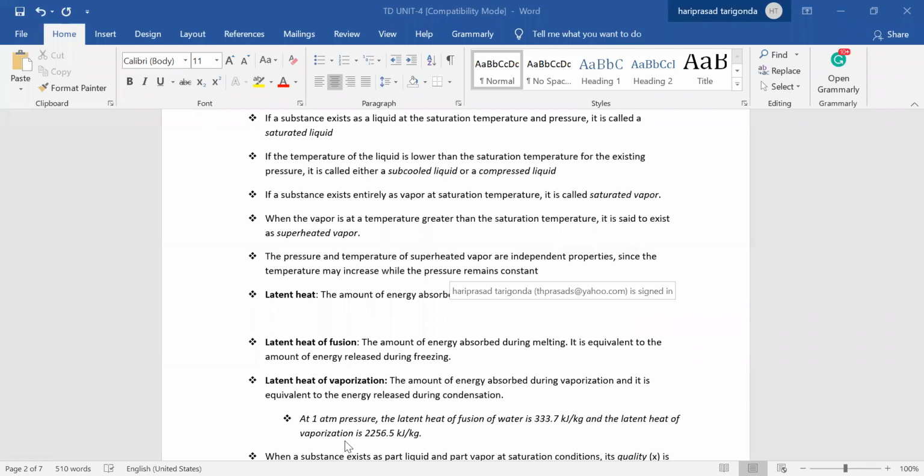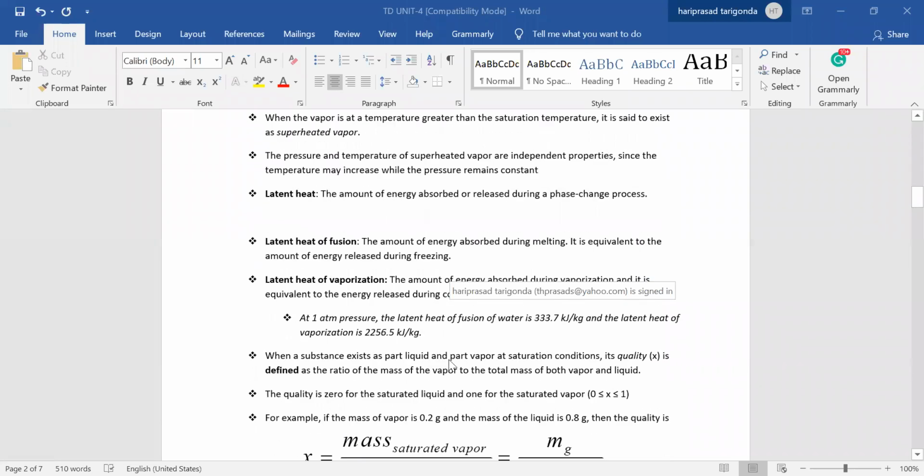Latent heat of fusion at 0 degrees centigrade will be 333.7 kilojoules per kg, and latent heat of vaporization, at 100 degrees centigrade and atmospheric conditions, will be 2256.5 kilojoules per kg. Everyone has to remember these values because water is a common, standard fluid, and these are the standard values. No need to refer to any standard book.